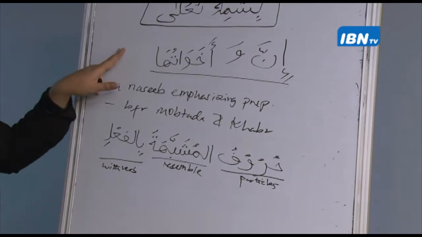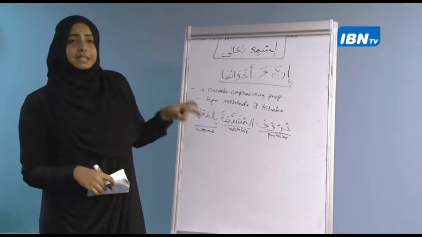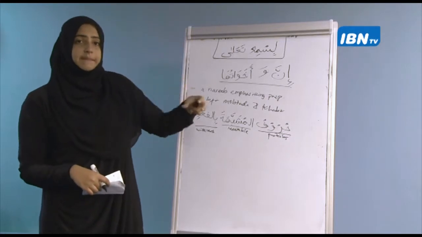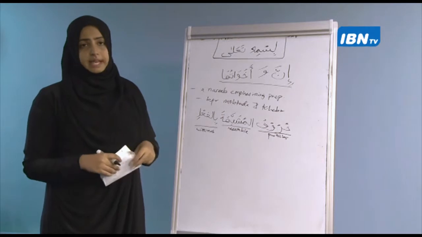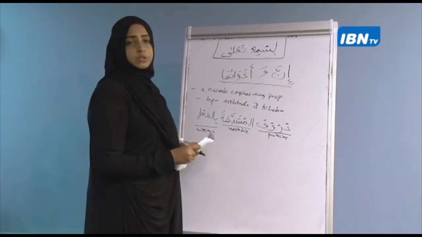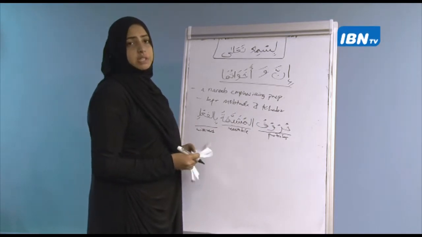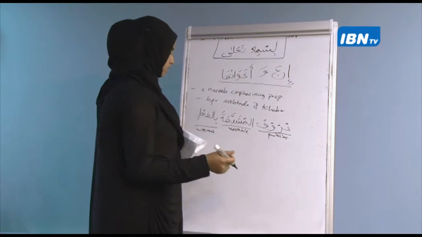So these Inna wa akhawatuha are not actually verbs themselves, but particles which resemble the verbs, and are also known as nasib, emphasizing prepositions coming before a mubtada and a khabar. Now we will be moving on to these particles, explaining what they mean and giving examples.